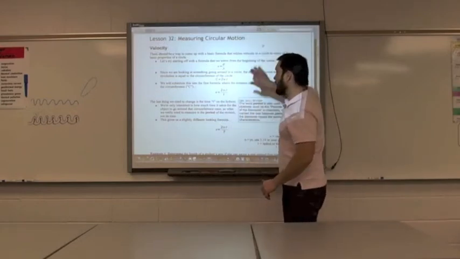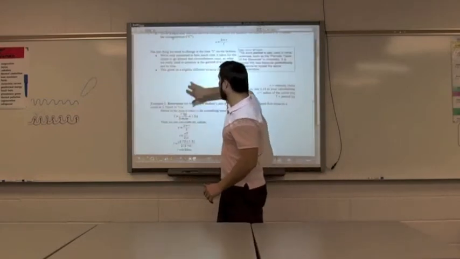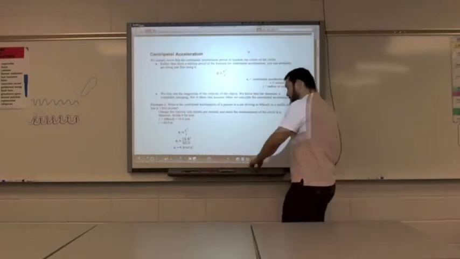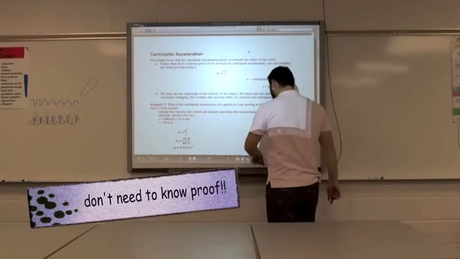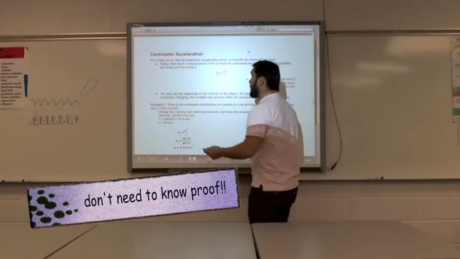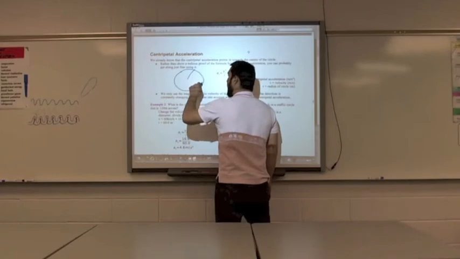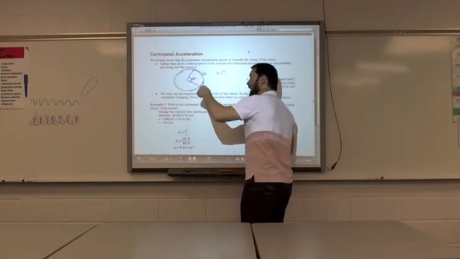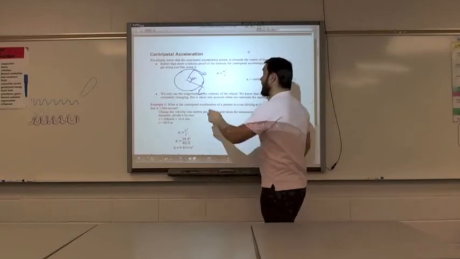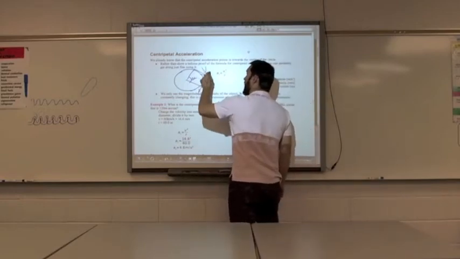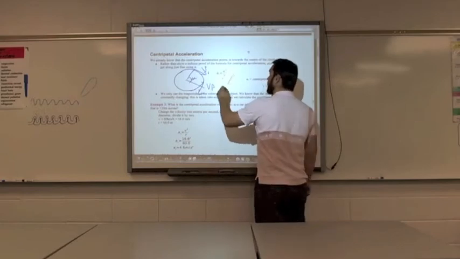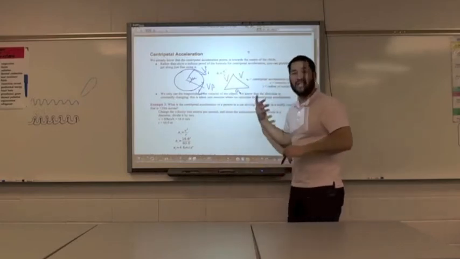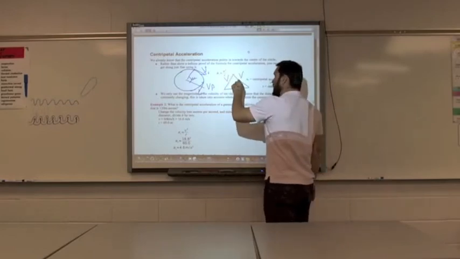When it comes to acceleration, the equation is a is equal to v squared over r. Now there's kind of a tedious proof to explain how you get that, and we don't need to go into it in depth. But very quickly, if I go a particular angle and use my velocities, my vf and my vi, I can make a mathematical relationship where it's a triangle where the two v's are proportional to the a and the lengths of the sides are related to r.